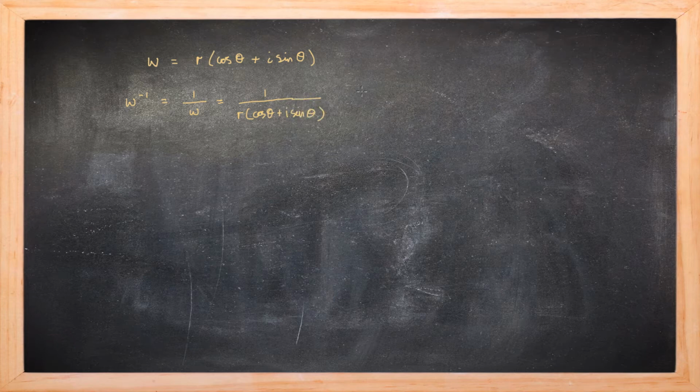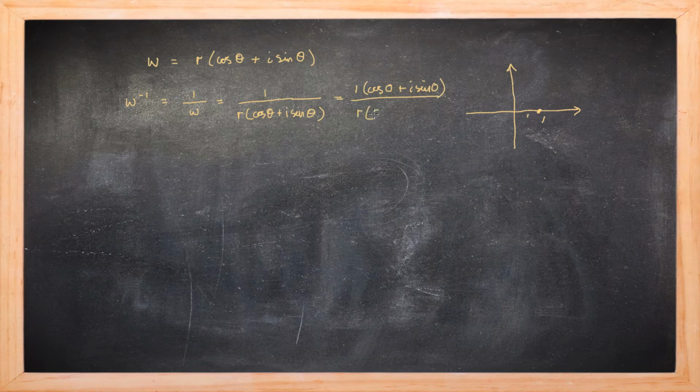Now, one of the ways we can proceed with this is to look at the Argand diagram. Think of 1 as a complex number, and it has an argument of 0 and a modulus of 1. So it would be 1 times (cos 0 plus i sin 0).